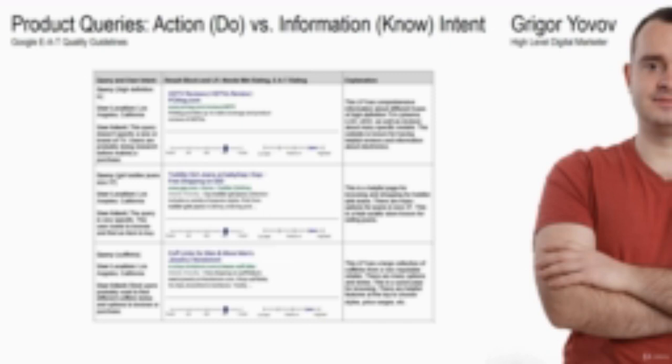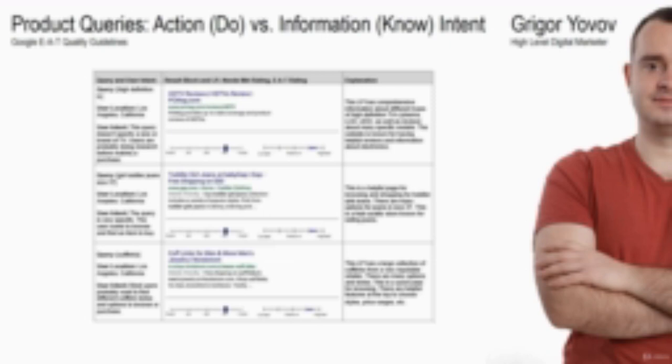The second example is "girl toddler jeans size 3T" and user location Los Angeles, California. User intent: the query is very specific. The user wants to browse and find an item to buy. And we have a result from Gap, toddler girl jeans at Baby Gap.